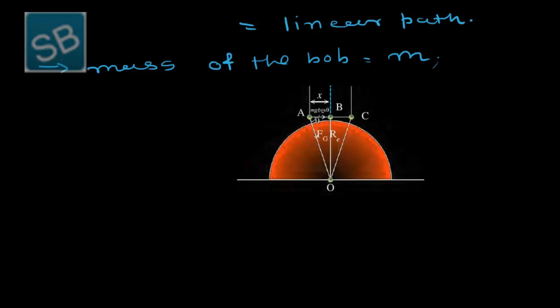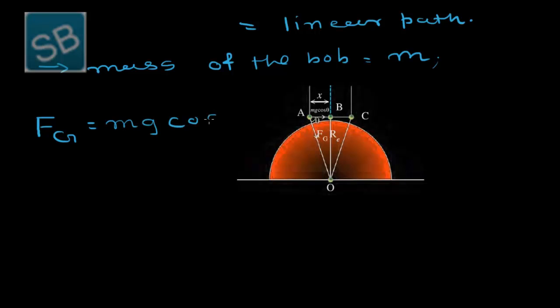So, when the bob is released from A, then the gravitational force, but in which direction? It is only in the x direction. So I am taking the component of that with the angle theta.